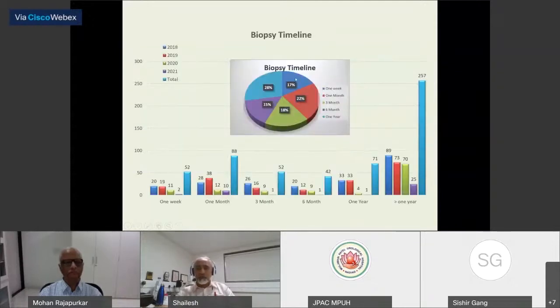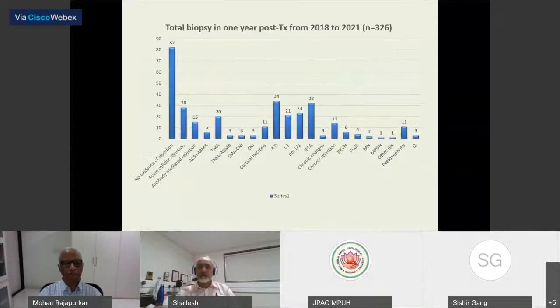In the first week we received 17% of the biopsies, 22% at 1 month, 18% at 3 months, 15% at 6 months, and 28% up to 1 year. Here we haven't calculated the biopsies that were more than 1 year post-transplant.